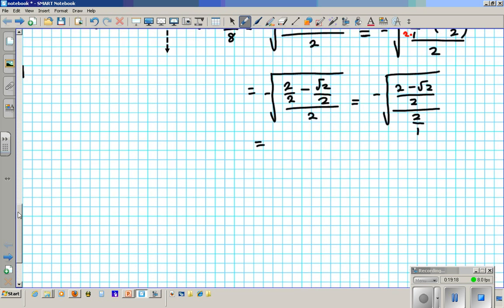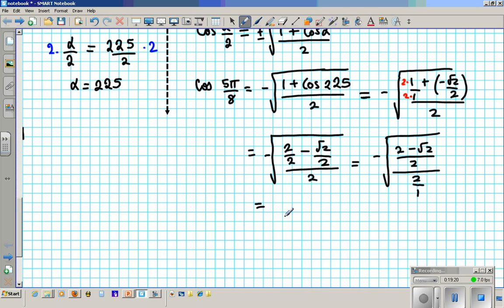If we multiply by the reciprocal of the denominator, we're going to have negative the square root of 2 minus root 2 over 2 times 1 over 2. So that's going to give us negative square root of 2 minus root 2 divided by 4.